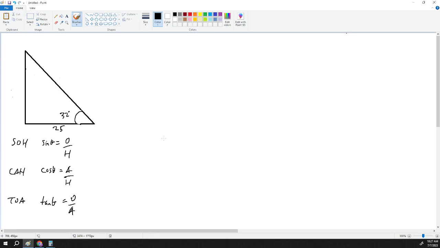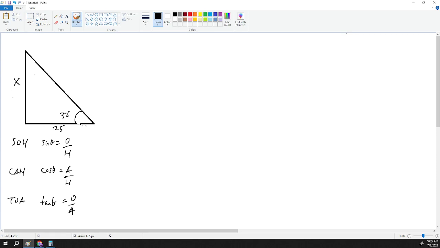So what do we use here? If we are looking for this, what should we use here? Sine, cosine, tangent. Anyone? Sine, cosine, or tangent? Anyone besides Anna? Okay. Sige.